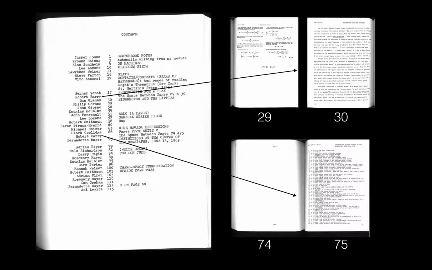And in the second case, the space between pages 74 and 75, it is the space between two pages that were facing each other. In fact, two poems of sorts. So the title refers to the negative space that fills the air between two pages.